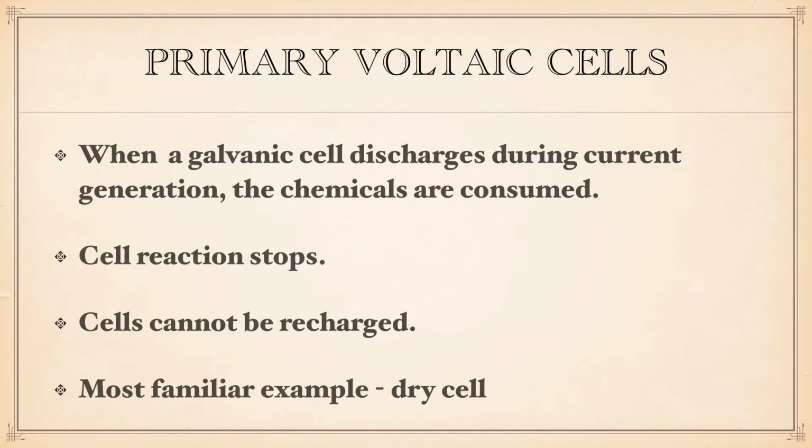But over here, even after reversing the direction of current, the cell reaction cannot be reversed. So the cells cannot be recharged. Therefore, primary voltaic cells are used only once. They cannot be used again and again. The most familiar example here is the dry cell.